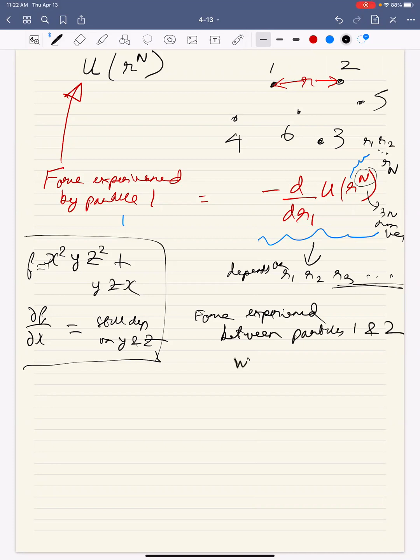This will depend on r. We are talking about an isotropic system, okay? There is no angular dependence. So it depends only on r. And now this is going to be d by dr of u of r^n, where r really denotes the modulus of R2 minus R1, okay? That's what we are looking at.